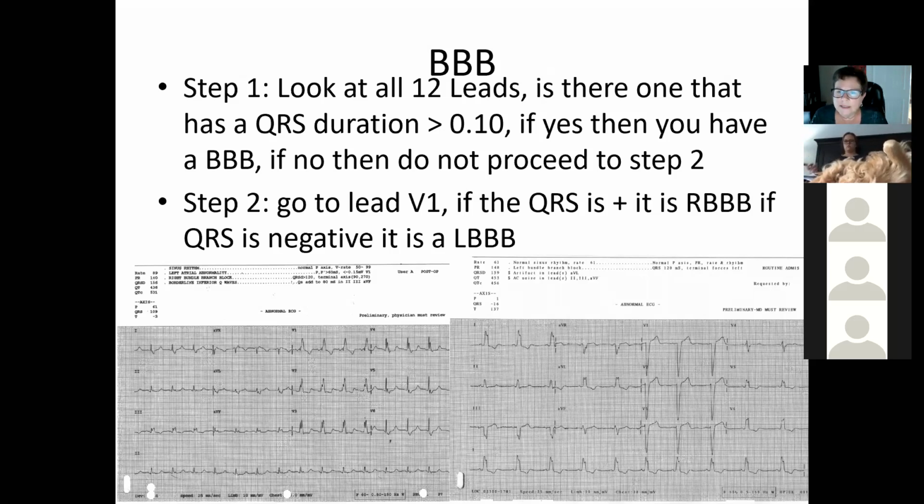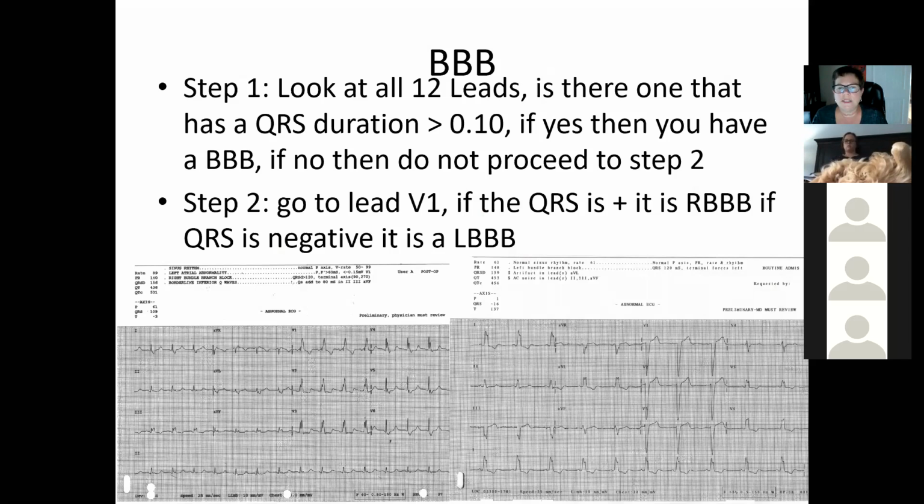So as long as I can confirm that there is a QRS that is at least 0.10 seconds in duration, then I have a bundle branch block. So then I proceed to step number 2. If I don't find a wide QRS, I don't have a bundle branch block.